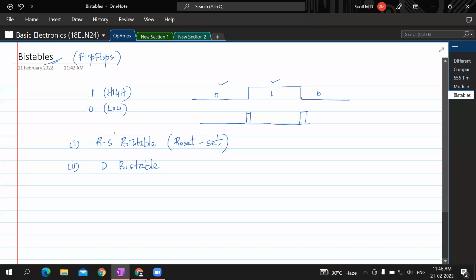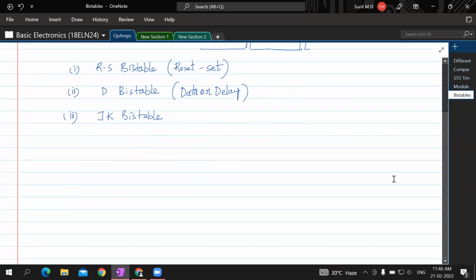R means it is reset. S means it is set. D means it can be regarded as data or it can even be called delay. The third one is JK bistable, which is an improvement on RS bistable. So this is an improved version of RS bistable. How will be explained later.